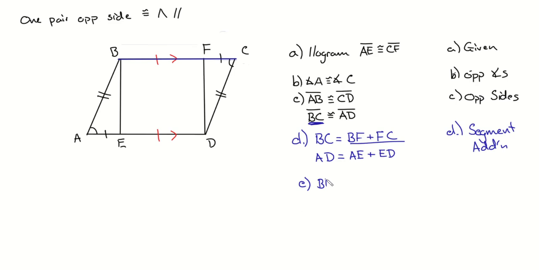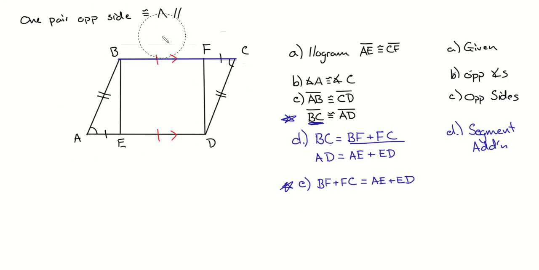I think I can say BF plus FC is exactly equal to AE plus ED. If you are comfortable with this line, all I'm doing is doing it with the smaller parts. Have I lost anybody?